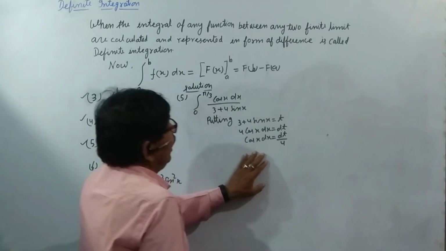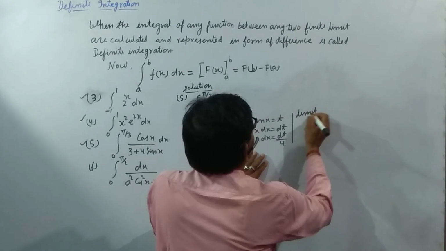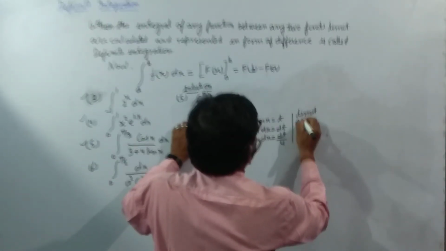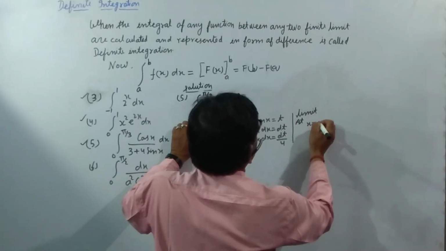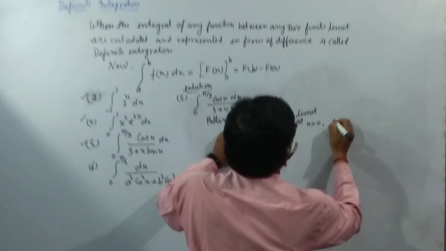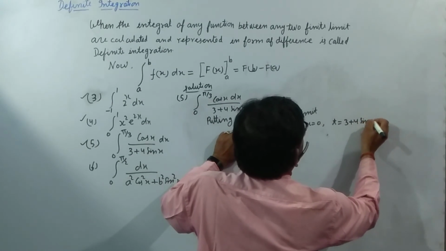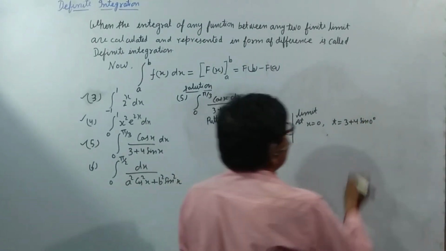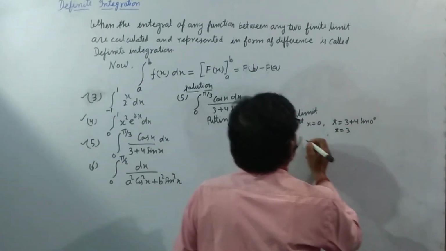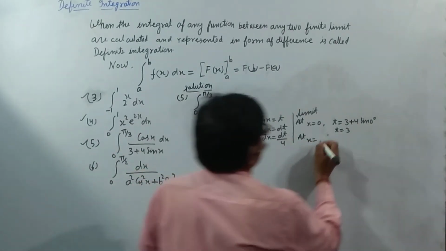Now the limits: at x equal to 0, t equals 3 plus 4 sin 0 degree, sin 0 means 0, so t equals 3.